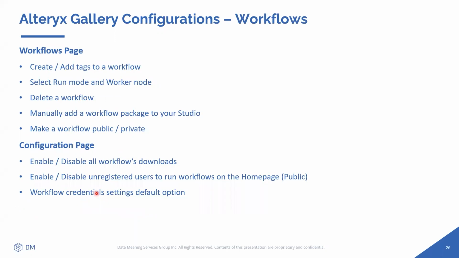Related to workflows, you have the workflow page where you can start creating and adding tags to workflows. And if you add a tag to a workflow, that workflow will start appearing in a specific district, right? You will be able to select the run mode, and that means that you have the safe mode, semi-safe, and unrestricted.